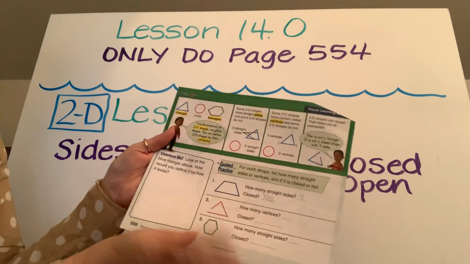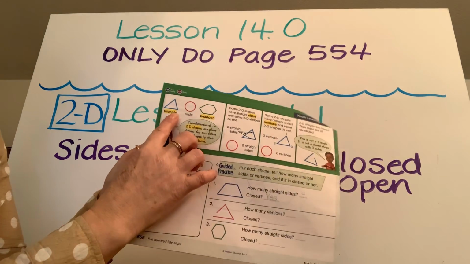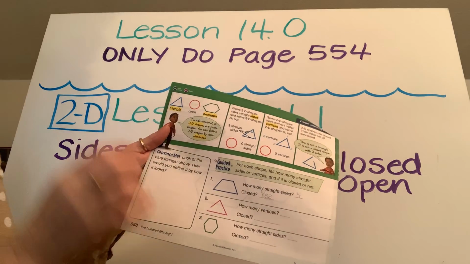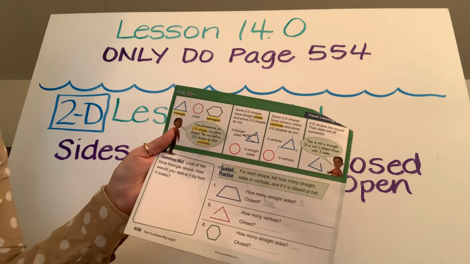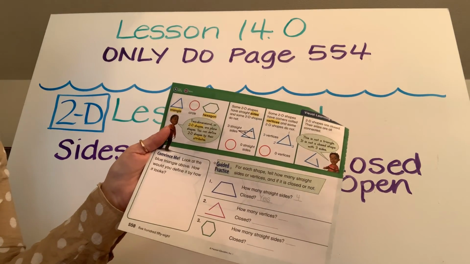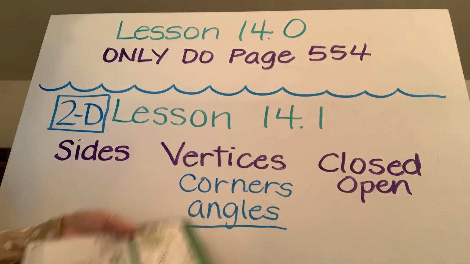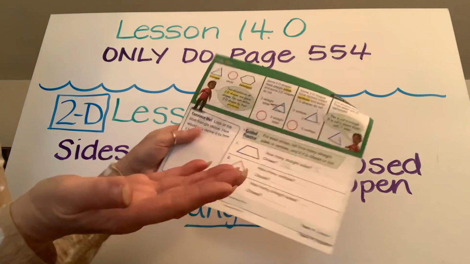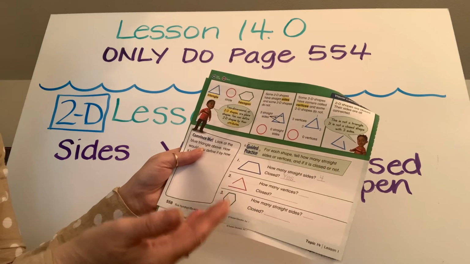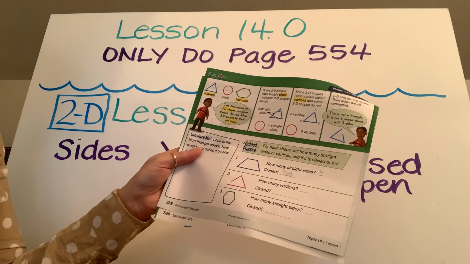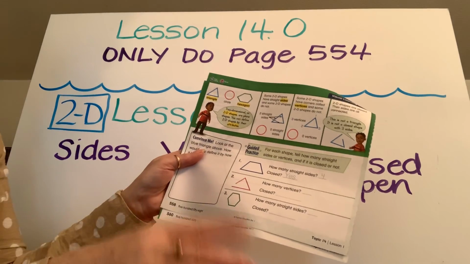We're going to talk about 3 shapes in particular: triangle, circle, and hexagon. They are 2D shapes. 2D means that they are flat. I can't really hold them in my hand. They are just flat, okay? 2 dimensionals are plain.